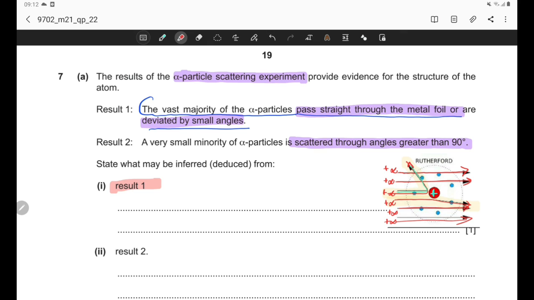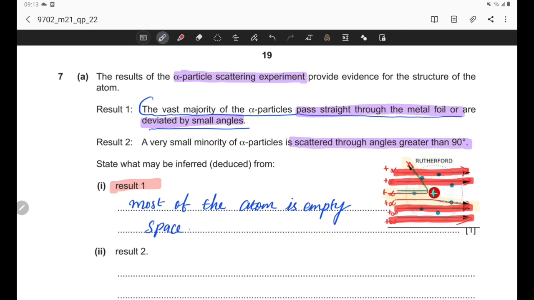So from this we can understand that most of the alpha particles are not deviating because the positively charged nucleus is taking up very little space at the center of the atom. So that is the first conclusion we can make, that most of the atom is empty space, or the size of the nucleus is very small compared to the atom. Then we can write most of the atom is empty space.